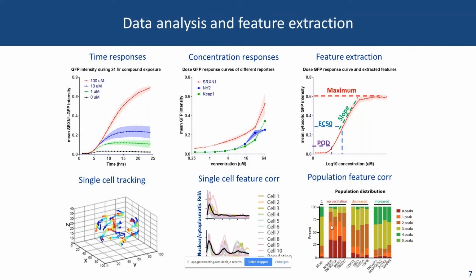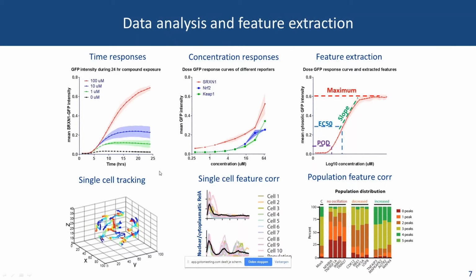And from that quantified data, we can make nice plots, so time response plots and concentration response plots, and do some feature extraction. For example, we can generate points of departure. This is the first concentration at which we see a significant induction of a certain pathway. We can extract EC50 values, the slope can be determined, or maximum intensity levels can be extracted.